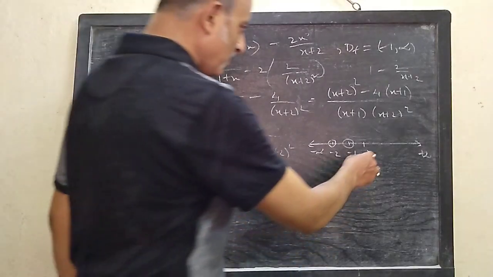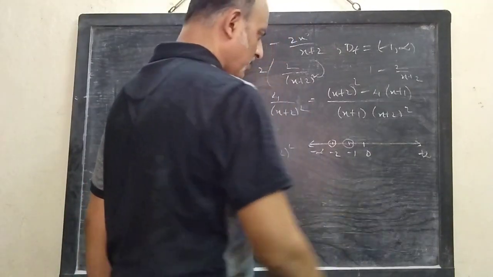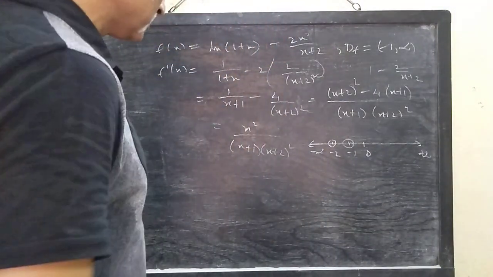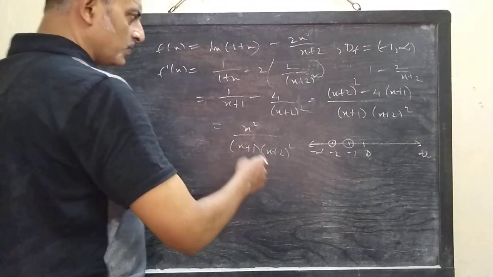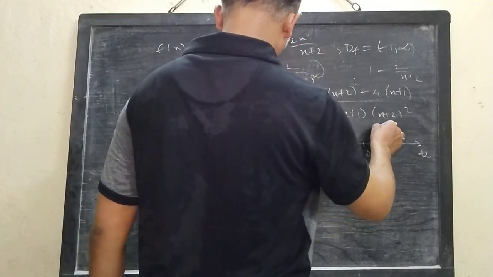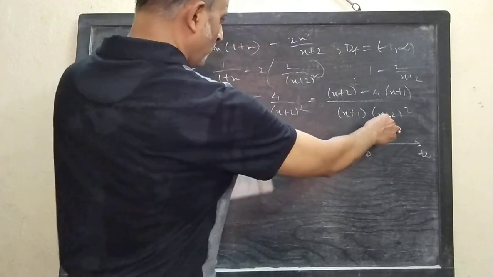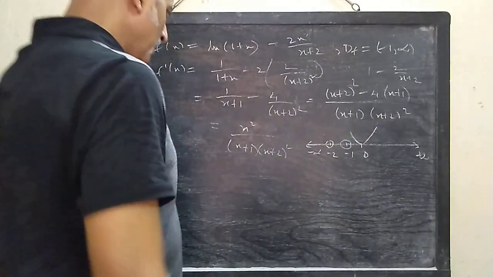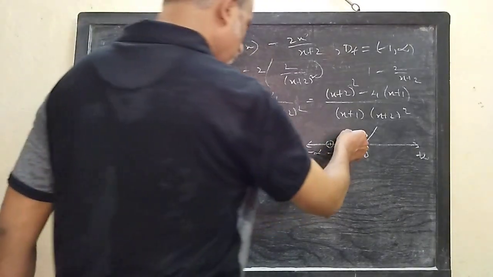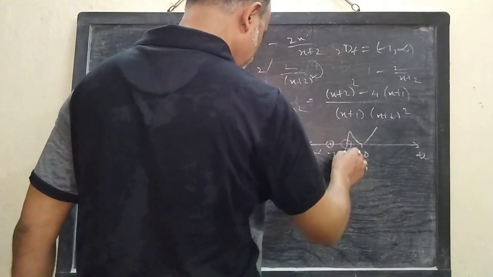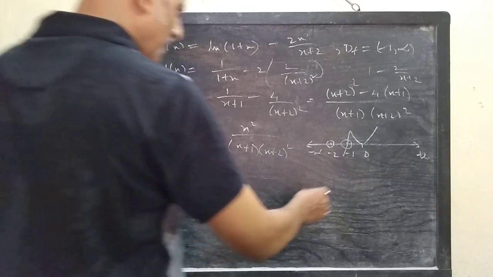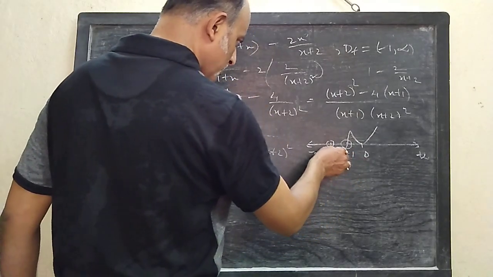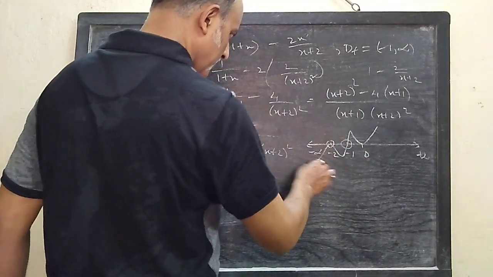Now take any value more than the rightmost zero. The rightmost zero is 0 here. So take x equals 1, this is positive. So start drawing the graph from here. 0 is a double point, so the graph will bounce from 0. Then -1 is an ordinary point, so it will cross through -1. Then -2 is again a double point, so it will bounce from -2 also and go in this way.